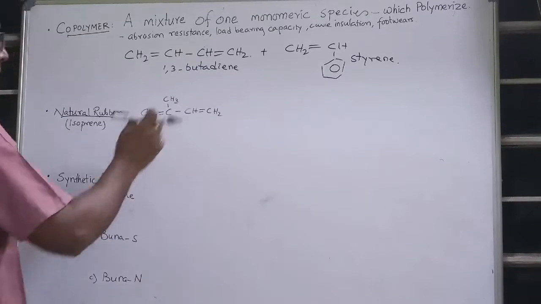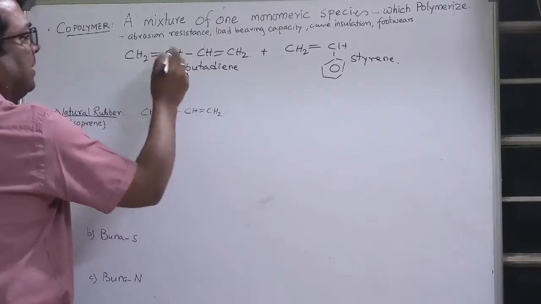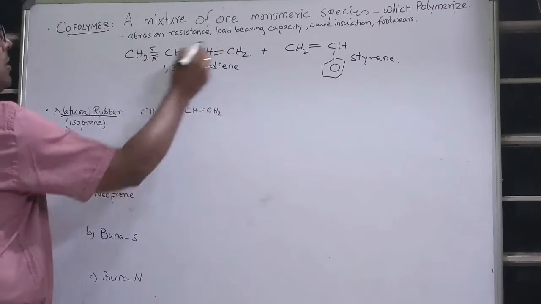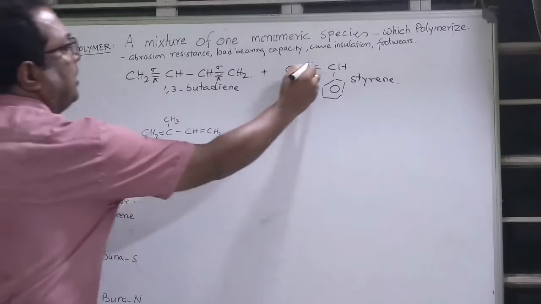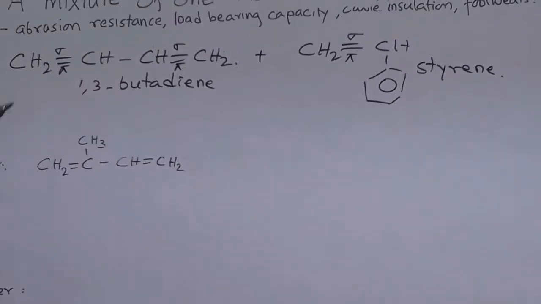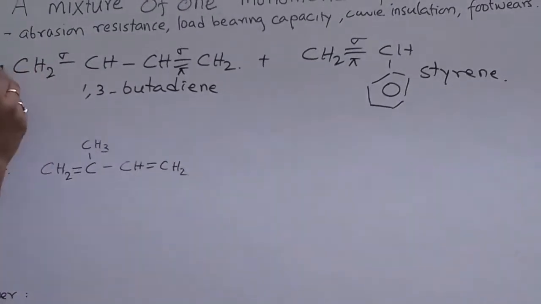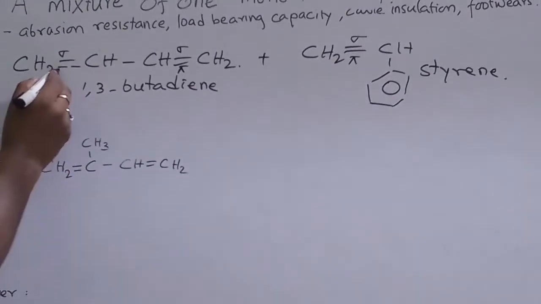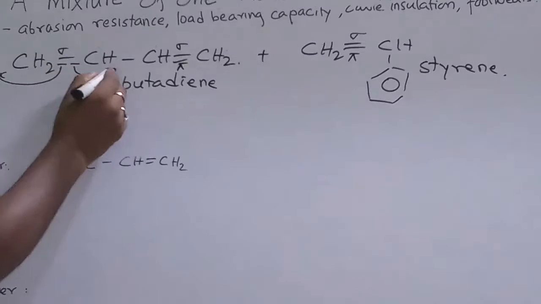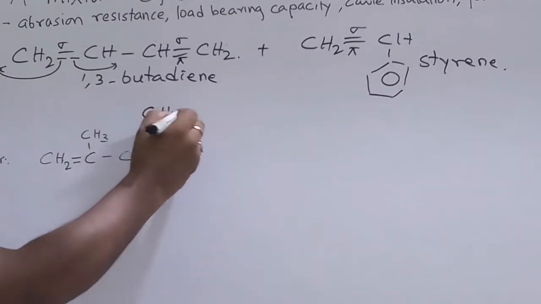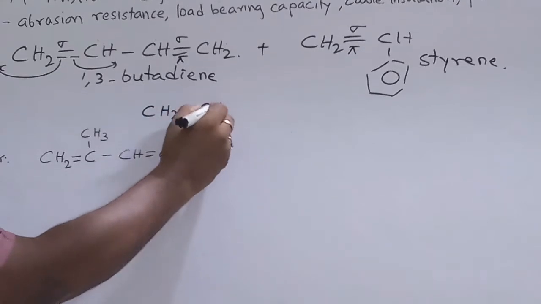Now when we unite them together, as I have told you, this is the sigma bond, this is the pi bond. The pi bond breaks, one half goes this side, the other half goes this side, forming CH2 single bond CH.